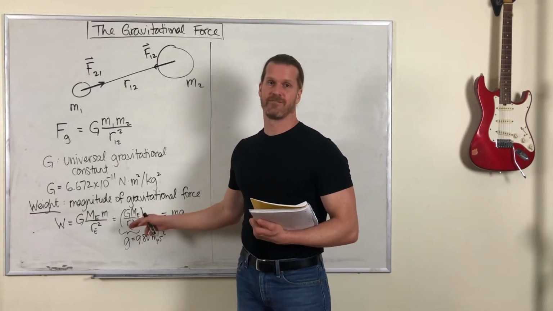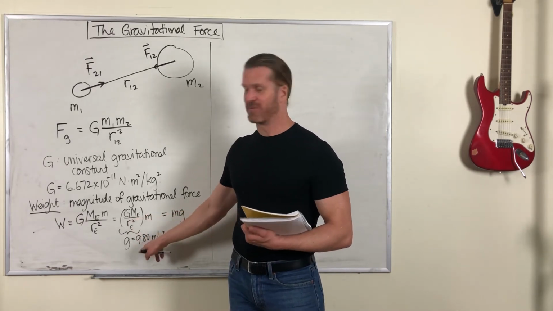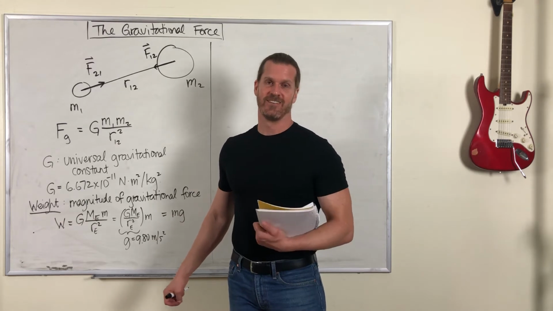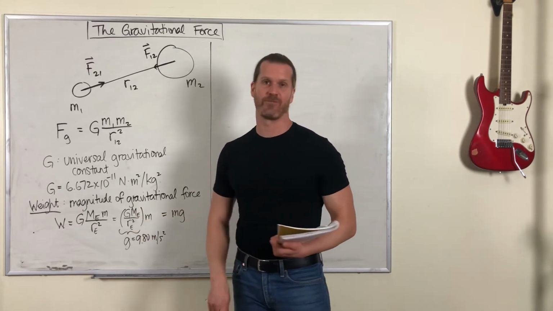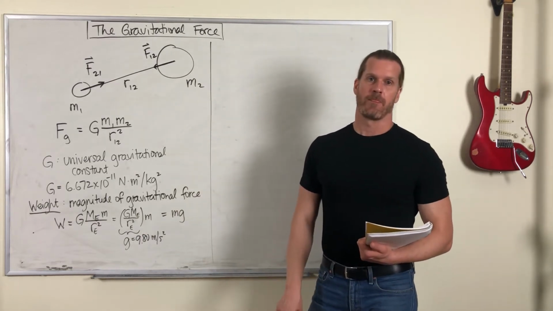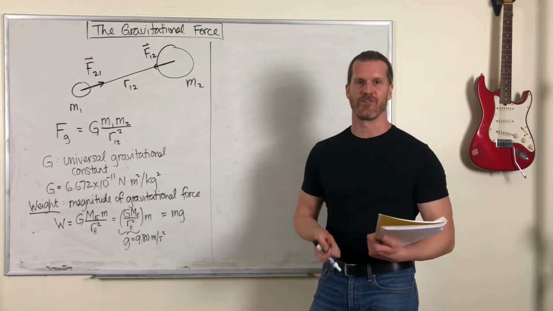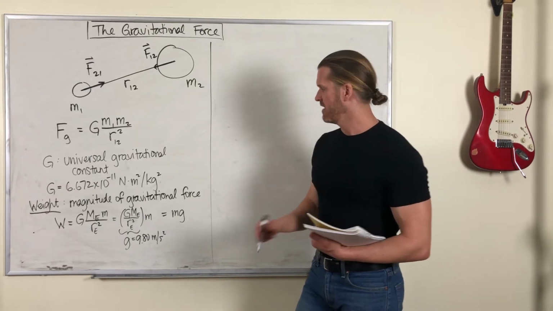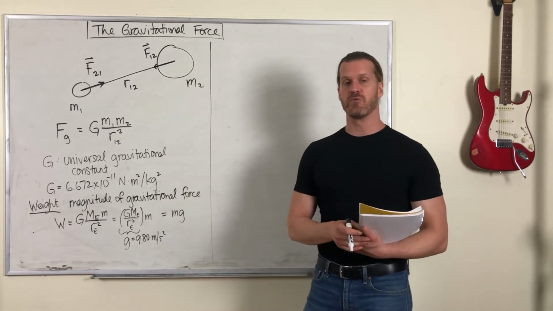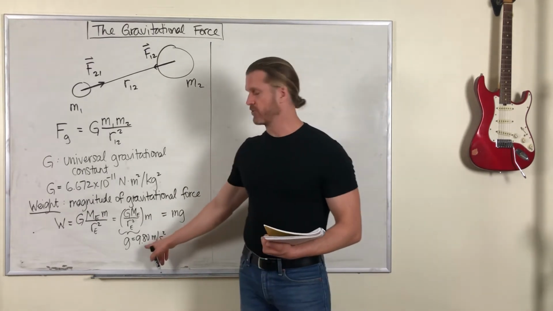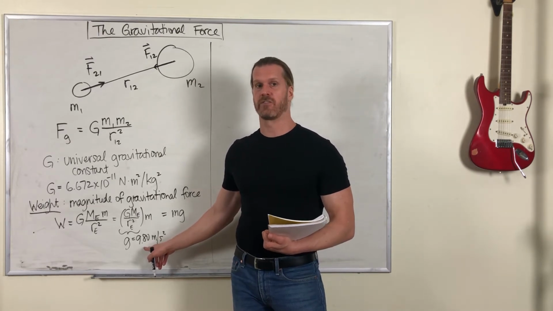If you were on a different planet, there would be a different g value, because the planet would have a different mass and a different radius. For instance, on the moon, not a planet, but still a large gravitating body, if you do this combination of numbers on the surface of the moon, you get a value of g that's about 1/6 the value of g on Earth.